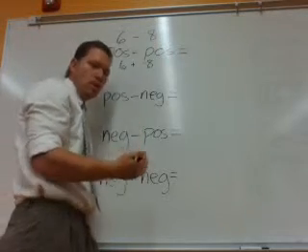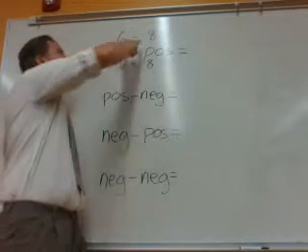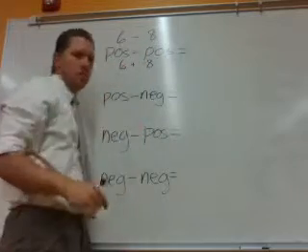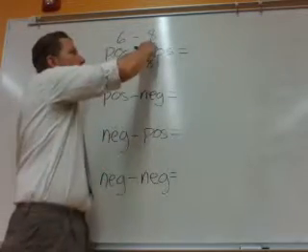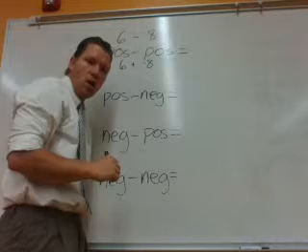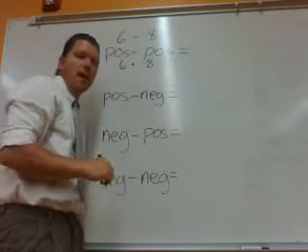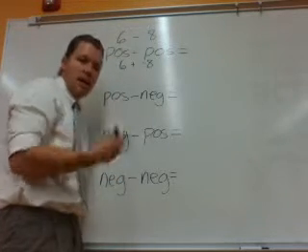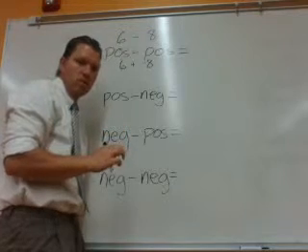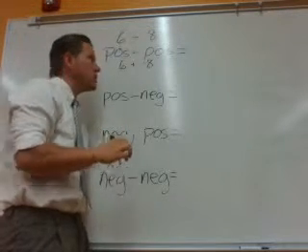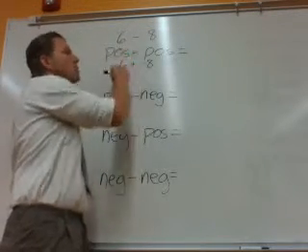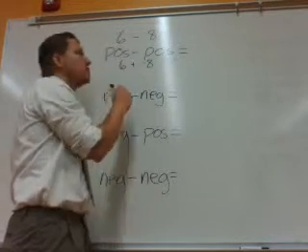Or I start to look at the absolute value of each of these, and knowing that the absolute value of the second one is larger means that I will have a negative answer in this situation, okay? So we can deal with this a couple of ways.